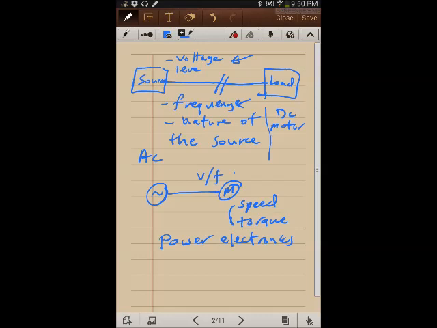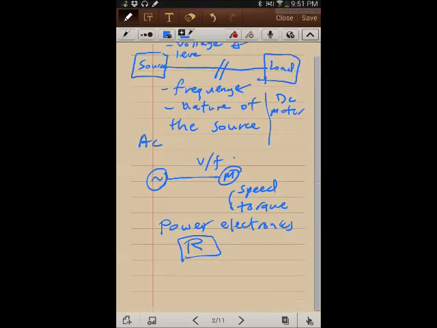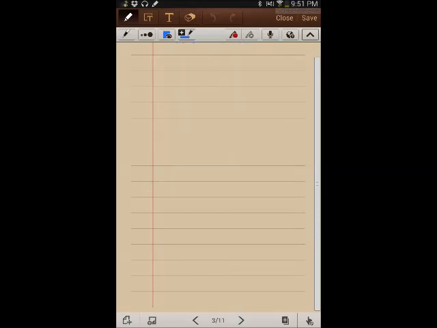Because the traditional method used in the past was using resistance, and resistance, as we know, dissipates too much power as heat, and it's not an efficient way to be used. And I will give an example.